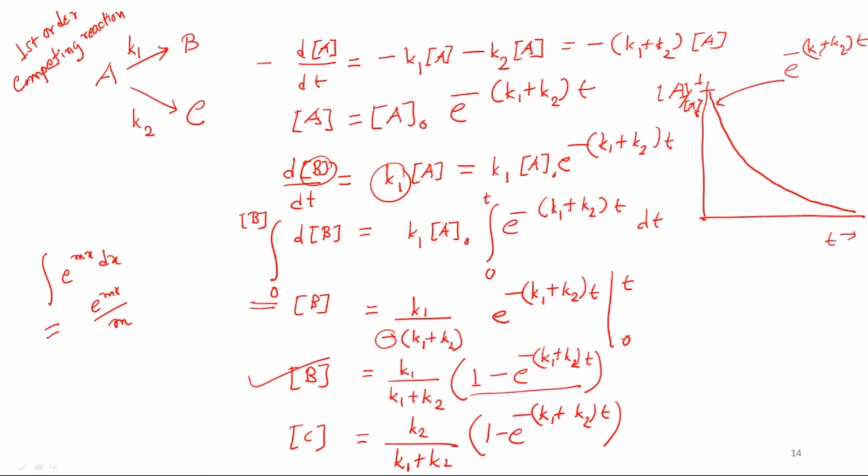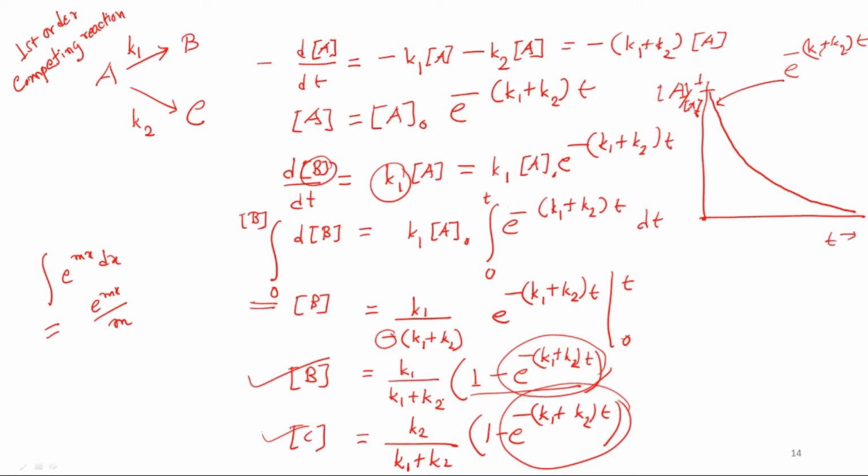But as time progresses, at a very large limit, when t goes to infinity, both these exponential terms go to 0, so I'll just have 1. So I'll have B concentration as K1 divided by K1 plus K2, and C concentration as K2 divided by K1 plus K2. They are going to be constant in the asymptotic time limit.